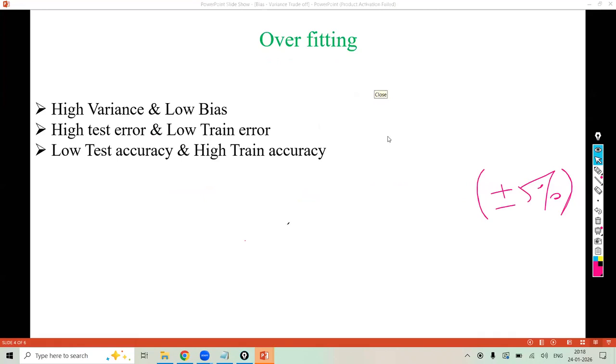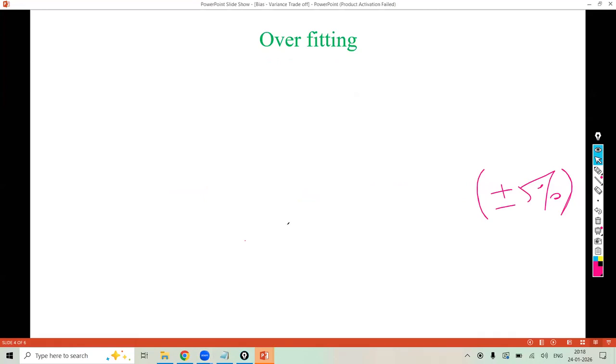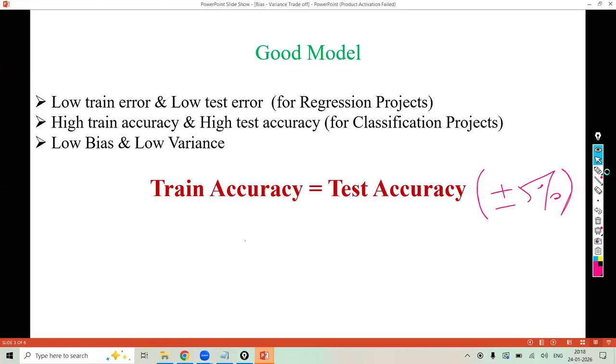Nazir, how come negative? Error cannot be negative. Plus or minus refers to the difference between them. For example, train accuracy you got 70% and test accuracy 71%. That is not exactly the same, but it is within a range of plus or minus 5%.